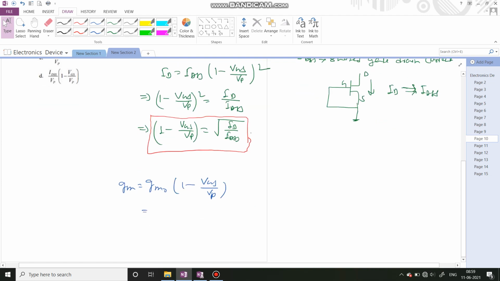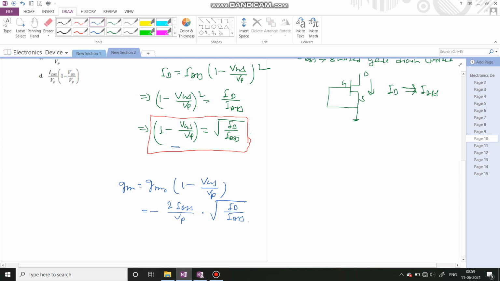So we write that value, minus 2 IDSS by VP, and this 1 minus VGS by VP value is equal to root over ID by IDSS.